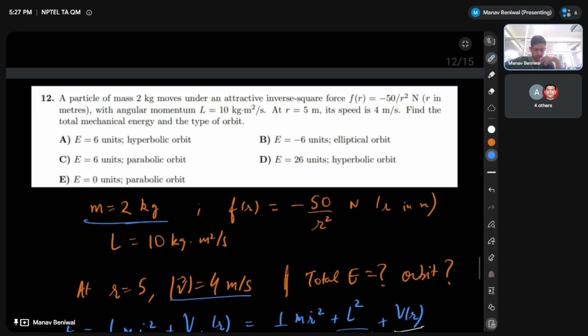Okay, so we have two options here. Will it be a hyperbolic orbit or a parabolic orbit?